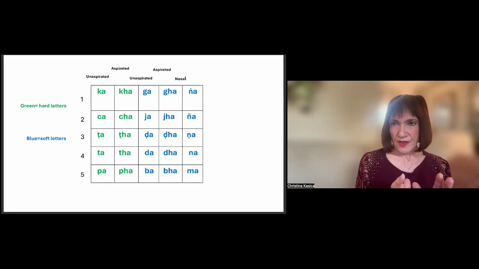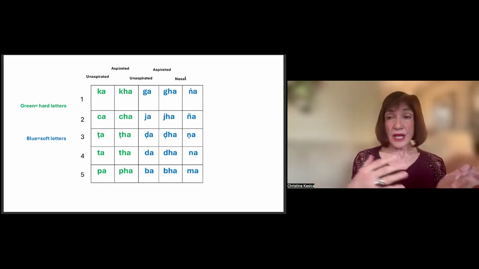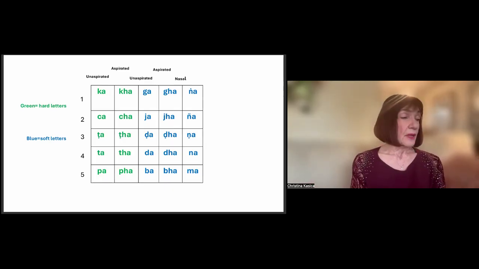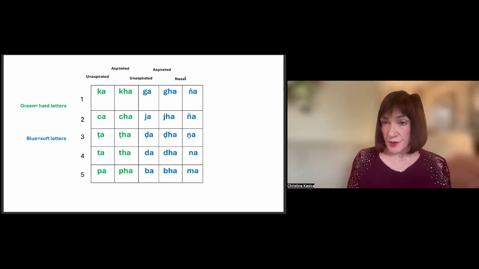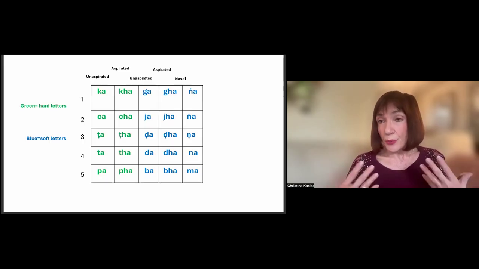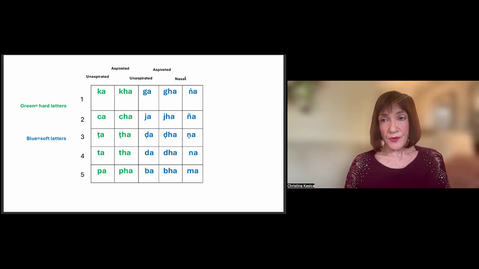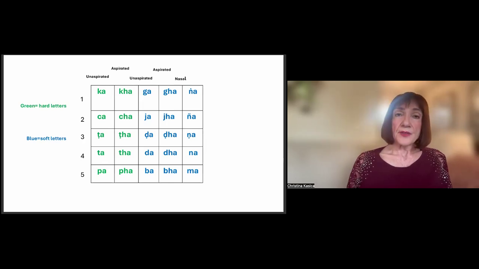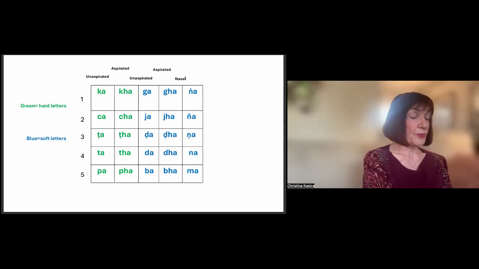But I wanted to present that now so you get used to the idea that there are hard and soft letters. The aspirated, unaspirated, and nasal descriptions have more to do with how you pronounce them. So hard and soft doesn't have anything to do with pronunciation. Aspirated, unaspirated, and nasal has to do with pronunciation.